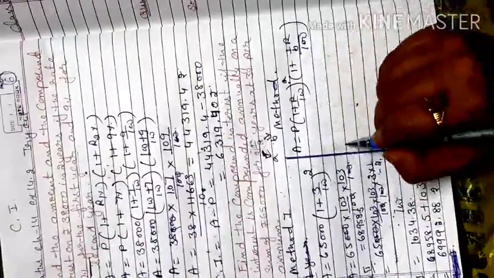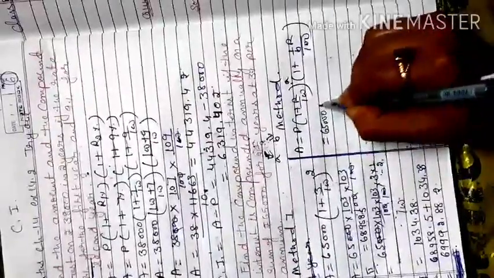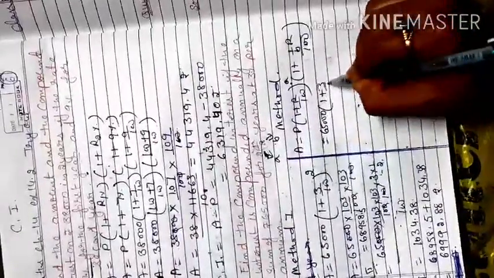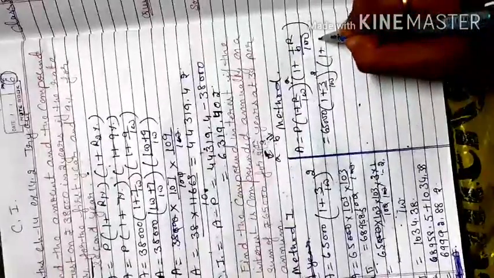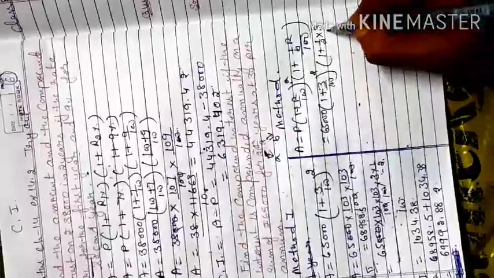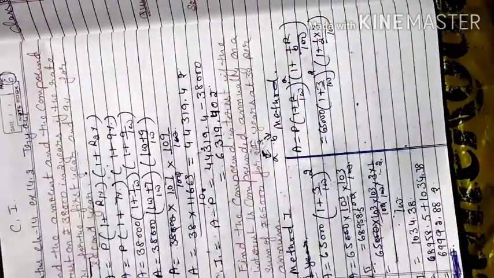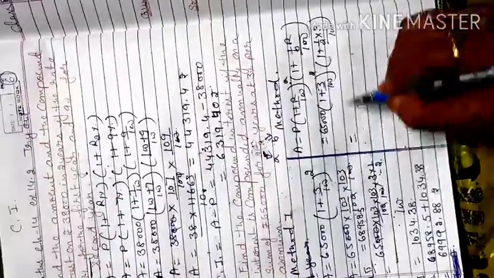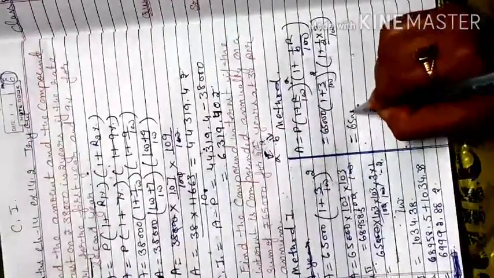So if we apply the direct formula here, the principal value is 65,000, into (1 plus 3 by 100) raised to power 2, then (1 plus 1 by 2 into the r value 3 by 100). So that is 1 by B of r%. That will be calculated here.